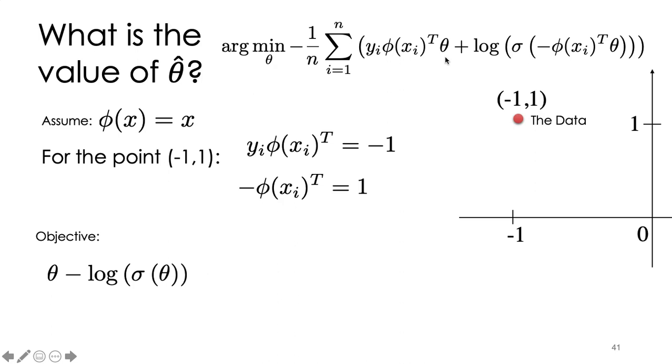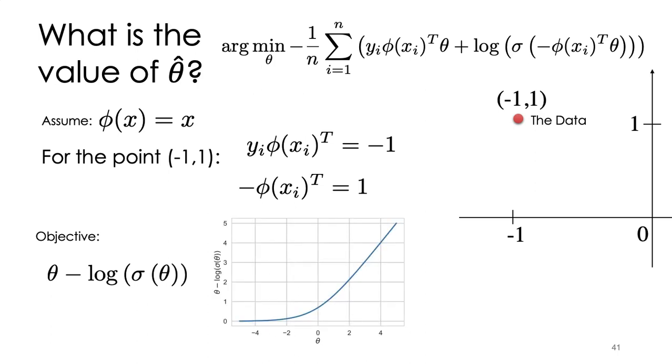So the minus 1 times theta times this minus gives you a positive theta, and then the plus log of sigma theta with a minus sign in front gives you minus log sigma theta. That's just a function of theta. We can plot it. And it looks like that.